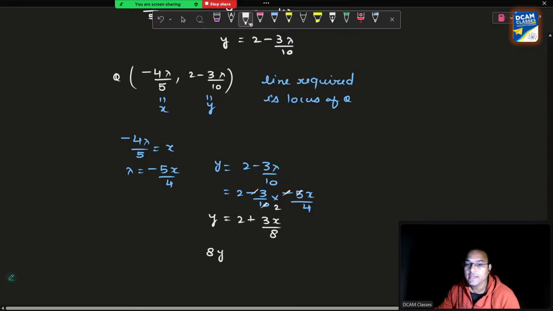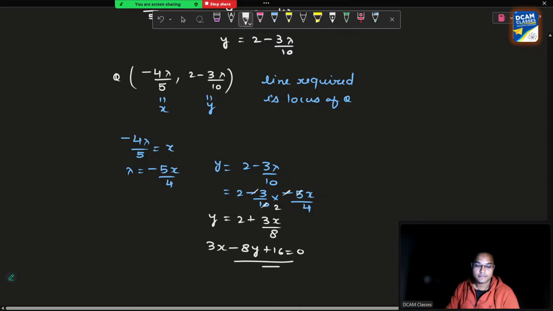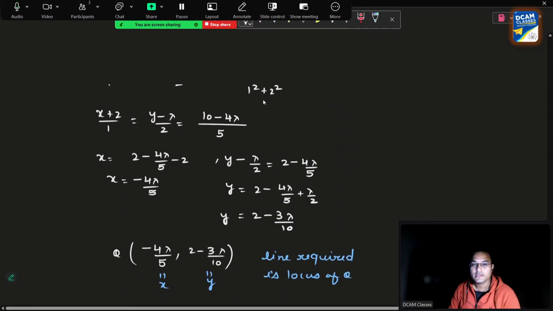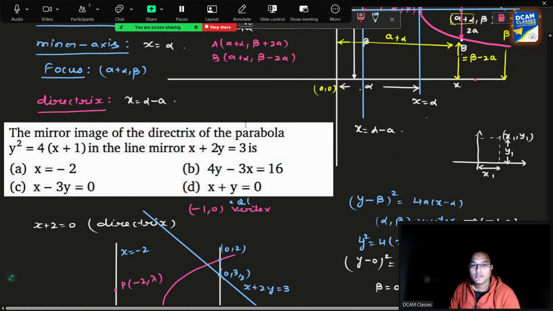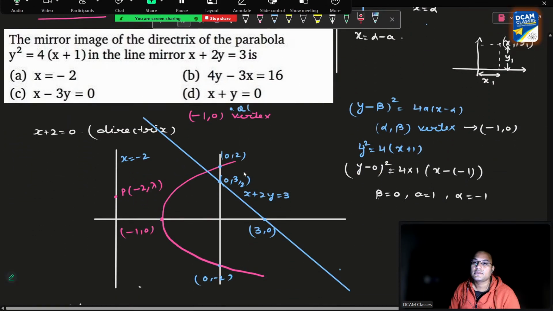So 8y minus, sorry, I'll write it here. Bring to the right side. 3x minus 8y plus 16 is equal to 0. This is our equation. Let's check whether the equation is there or not. What is this? Where is the equation?